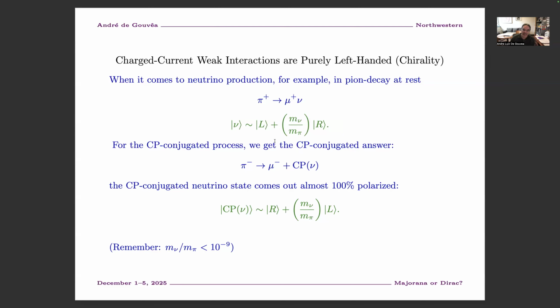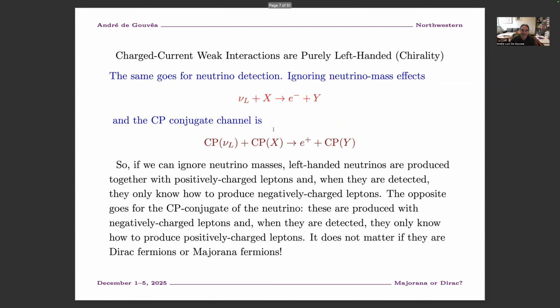And it turns out that, when the left-handed helicity neutrino hits something, the current that it will speak to will be the current that connects it to the electron. When the CP conjugate of the left-handed neutrino, which is purely right-handed, hits something, it will be connected to the version of the weak current that knows how to produce positrons.